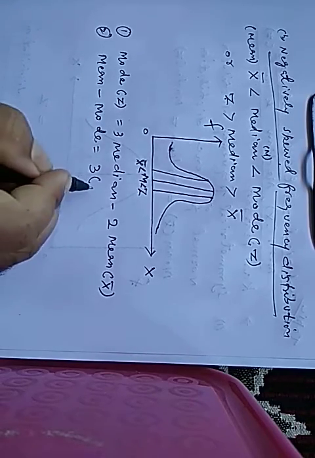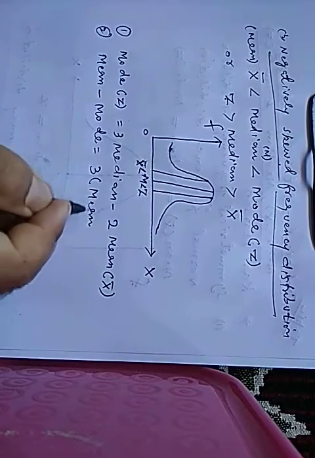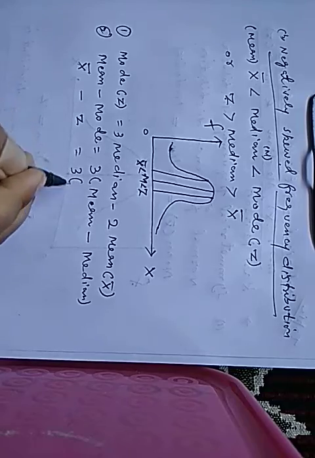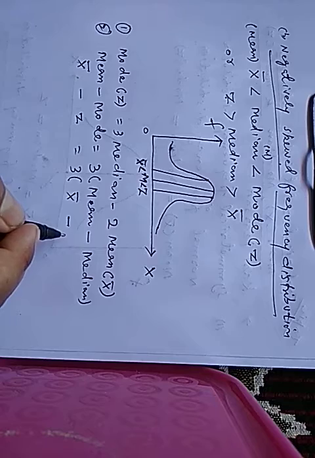And the second formula is mean minus mode is equal to 3 times the difference between mean and median. Arithmetic mean denoted by x bar, mode by z, and median.